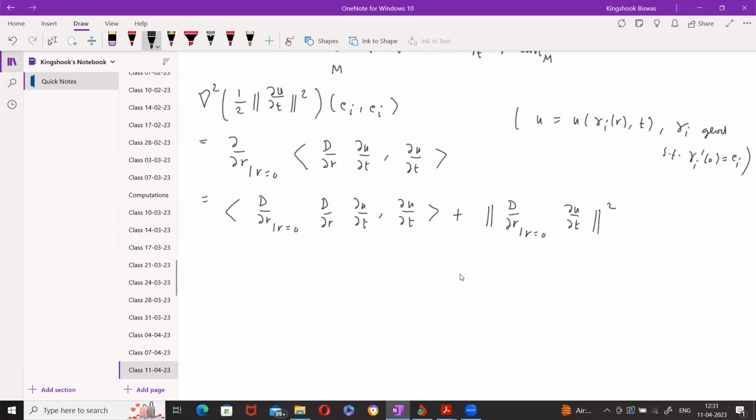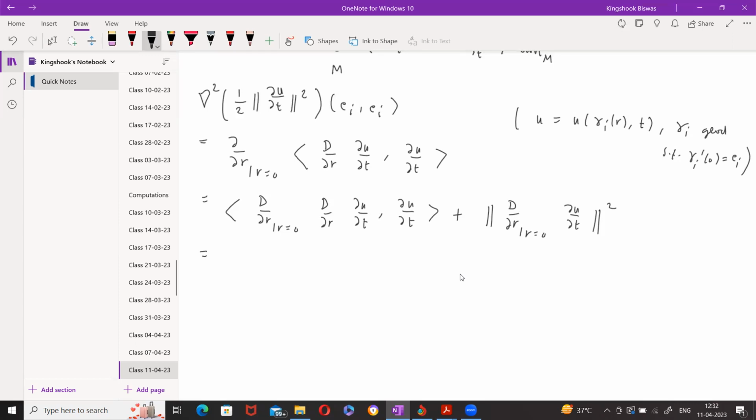Now this term, we know what to do. This first D/∂r we can interchange with D/∂t, and then we'll have another D/∂r and D/∂t. Those we can interchange by adding a curvature term.